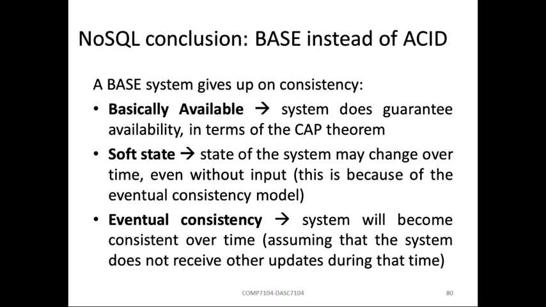This is what soft state is about. And with eventual consistency, the system will become consistent over time, assuming that the system is idle. There are no longer requests for reading or writing that piece of information. And when this is the case, eventually the replicas will converge and have the same latest consistent value.